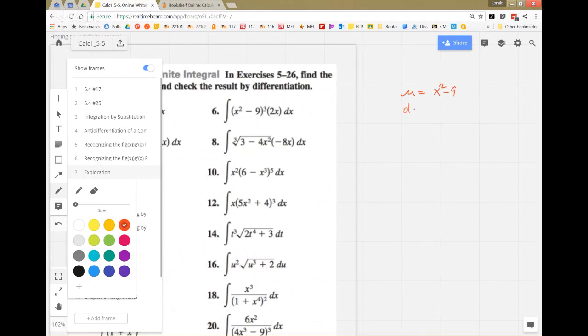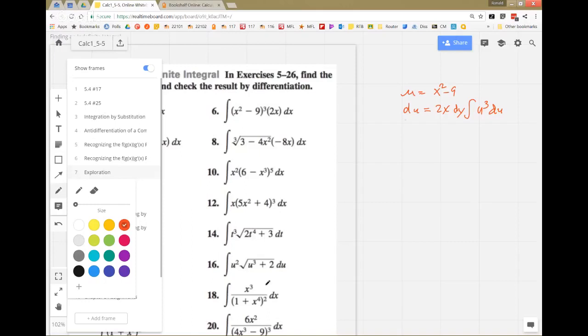What's du? The derivative of that is 2x. Oh, that's set up nicely, isn't it? So what's our integral now in terms of u? It's u to the third du. du is 2x. By the way, that's supposed to be dx here.